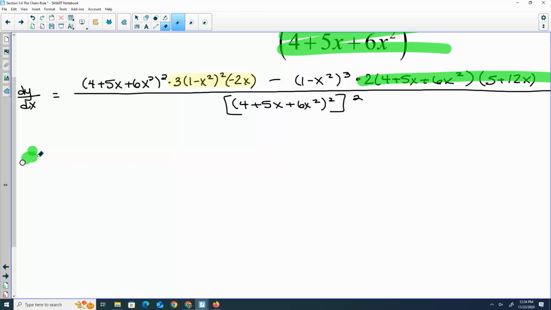So, depending on how your mind works, you might be able to start simplifying things. I'm trying to show my work so you know where I'm getting things. So I am going to first multiply my 3 and my negative 2x and make that a negative 6x in front of this term.